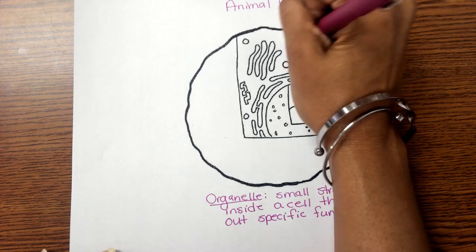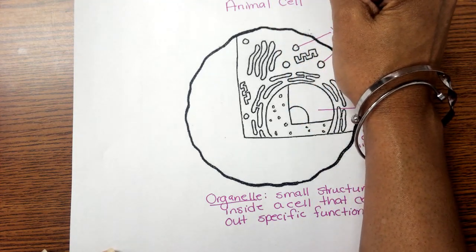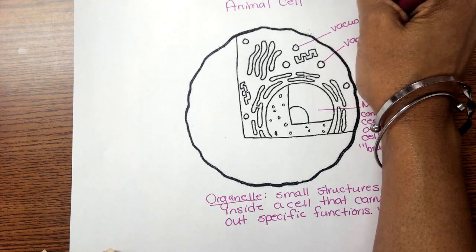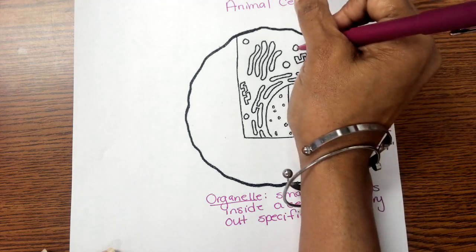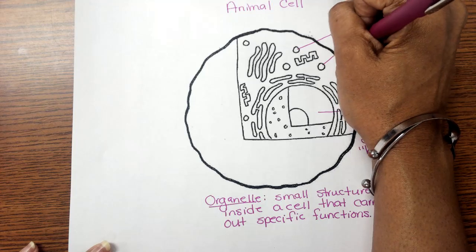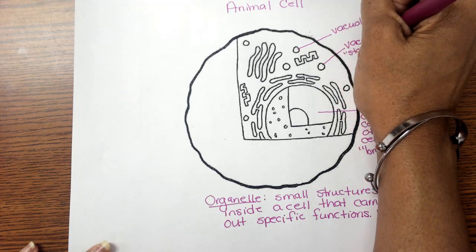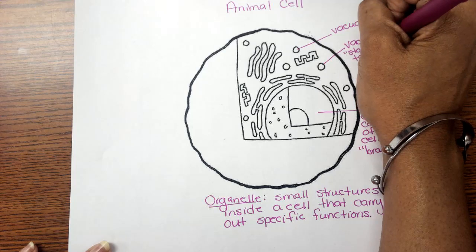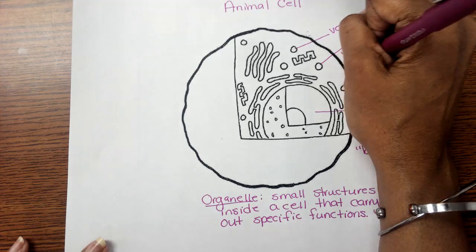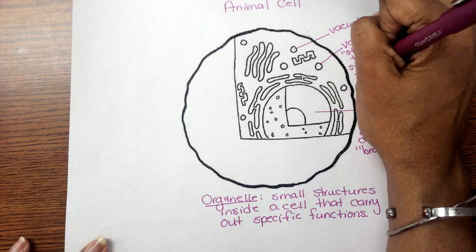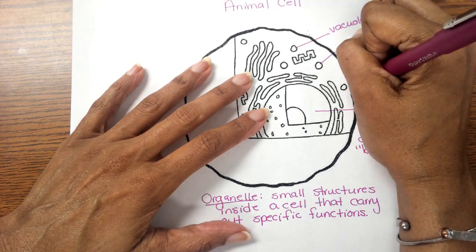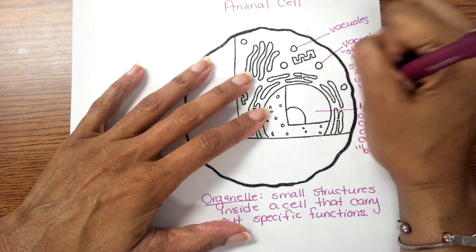All right, right here, these are vacuoles. Okay, these are also vacuoles as well, but I'm just going to label these two. Okay, this is your storage. We'll call it a storage tank. Okay. And they store food, water, waste, and nutrients.